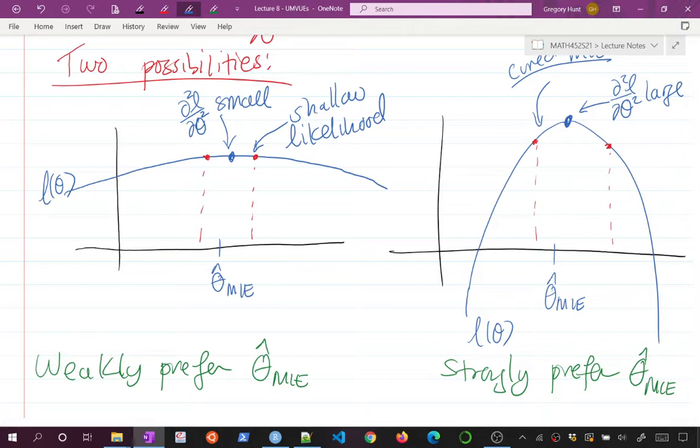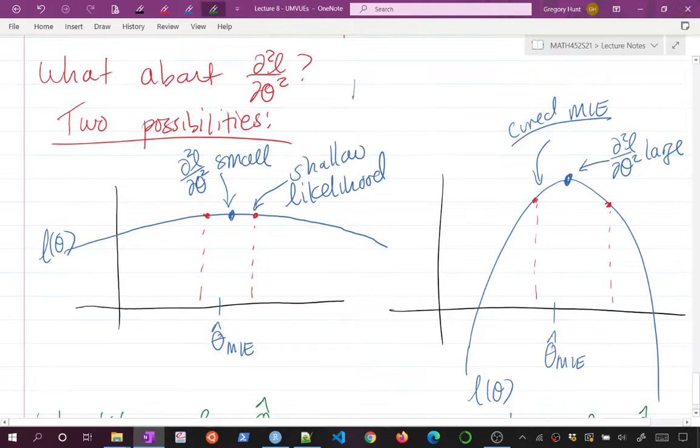In both these cases, note that, and we'll come back to this, we saw this in one of our problems, because we're maximizing this and it's concave down, the second derivative is negative. That just means it's concave down and we're finding a maximum. That's okay. But in absolute value, let's say, it's small.